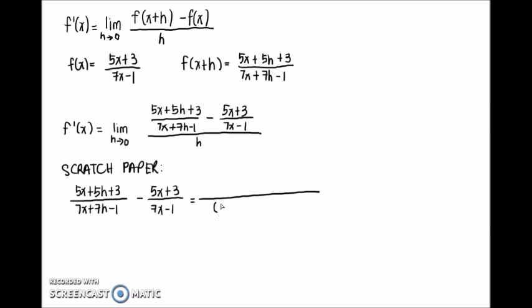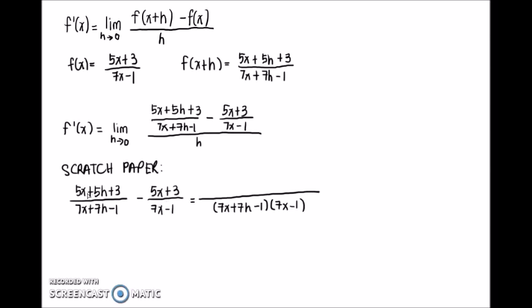So, that would be 7x plus 7h minus 1, and then the other one will be 7x minus 1. So what we'll do is we have to make sure that this one will be converted into a fraction with this denominator the same way as the second term here.